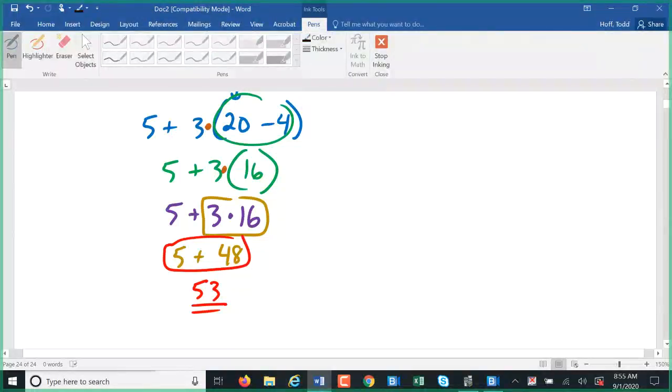Now, like I said, I realize that is a lot of rewriting at each step, but be careful. It's worth it to do it carefully. Saves a lot of mistakes.